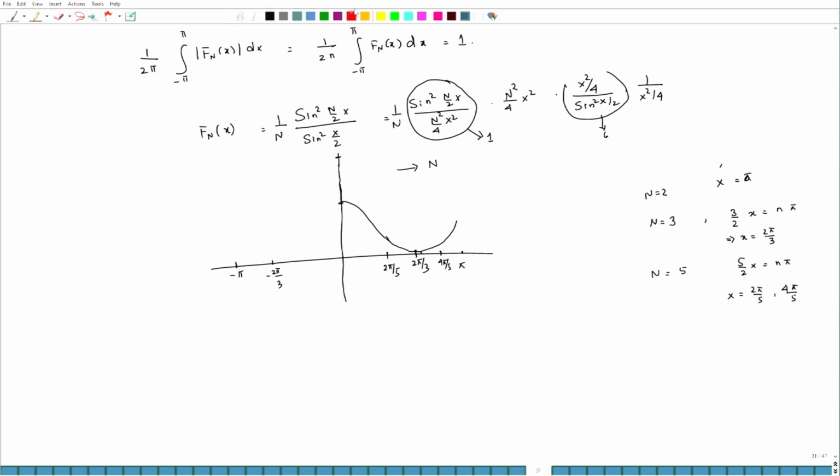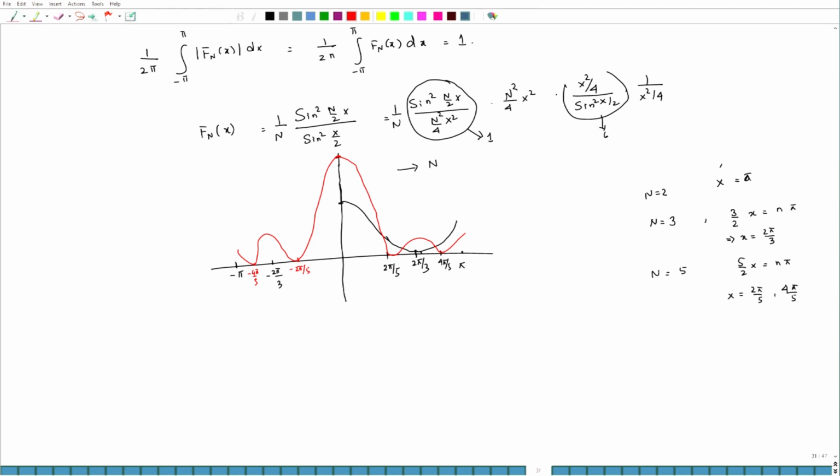Now this is going to drop here and then, because this is an even function, this is 2 pi by 5, this is minus 4 pi by 5. So, this is how it goes.